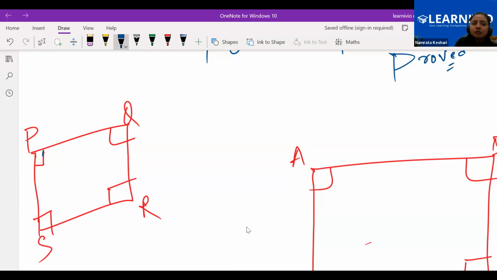Anna, if I want to write the name of this blue angle, what will be the proper name of this blue angle? Angle SPQ. Another name can be? Or, ma'am, either we can do it as angle QPS. Perfect.